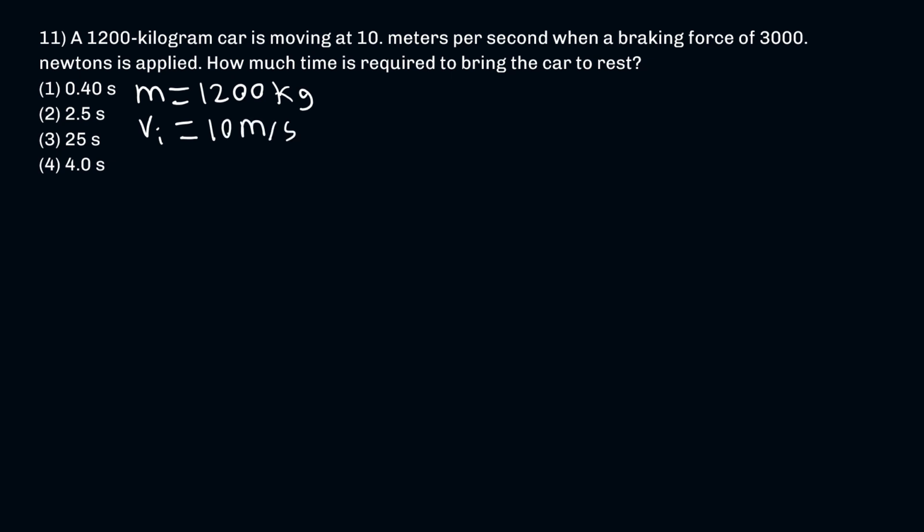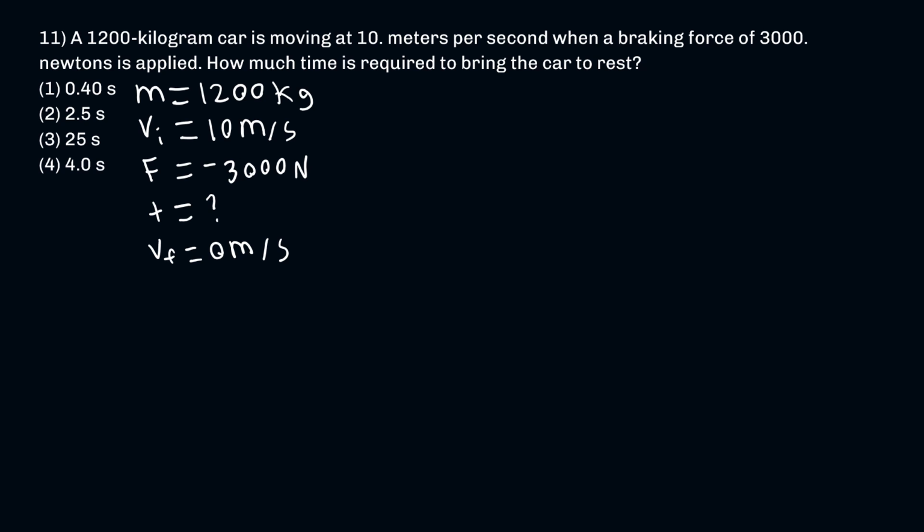Then a braking force of 3,000 newtons. It's going against me because I'm slowing down, so I can make it negative: negative 3,000 newtons. It's asking how much time is required, so that is t, the question mark. To bring the car to rest, Vf is going to be 0 meters per second.